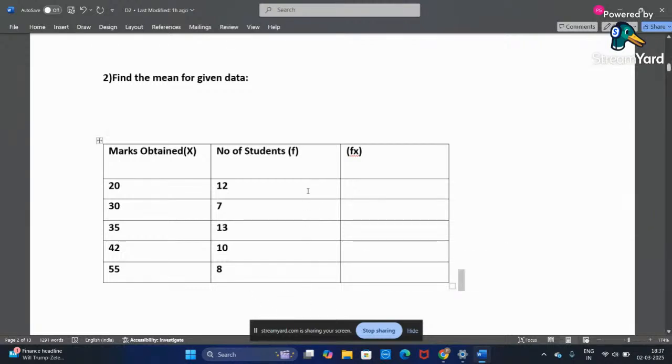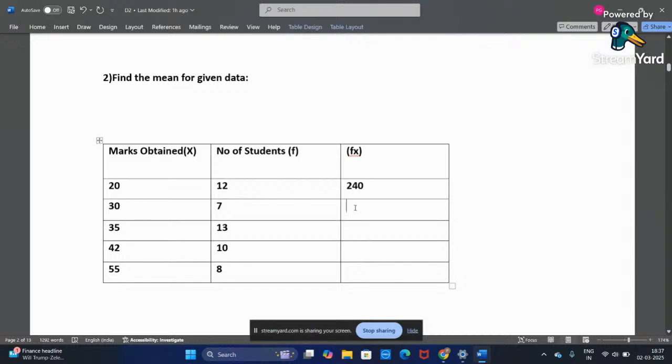Yeah, first one is right, Jivan. Second one, we have to multiply 20 into 12. 20 marks is obtained by 12 students. That means 20 into 12, how much is it? It is 240, right?